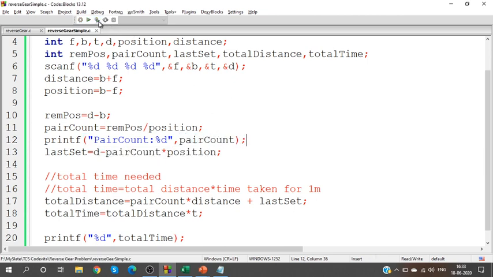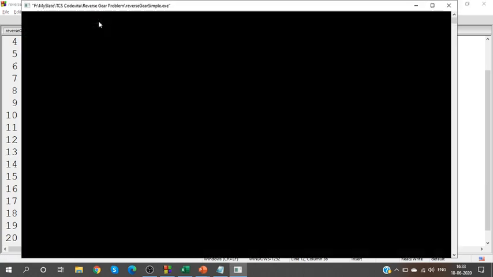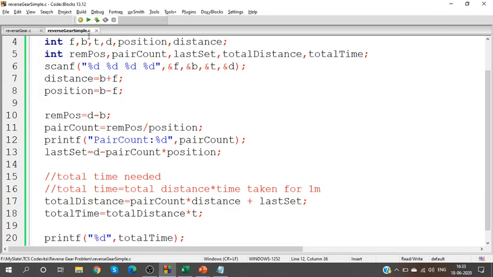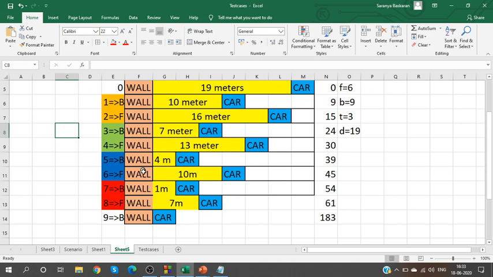But here in this case the pair count is 3. Okay, that 165 is output, pair count is 3. Why is the pair count 3? What did I say? To calculate pair count, remaining positions divided by 3. Yes, so here in backward direction I'll move 9 steps.